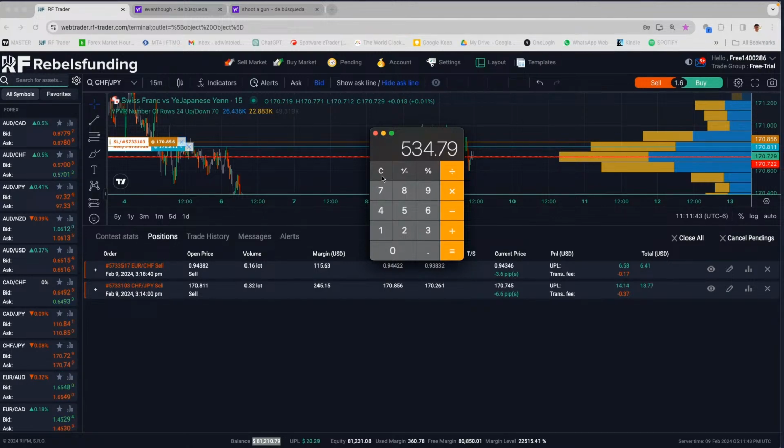So if we do that times 100 divided by 86.76, we did a 0.66% increase, which is nice because I think that's about the risk that we had.